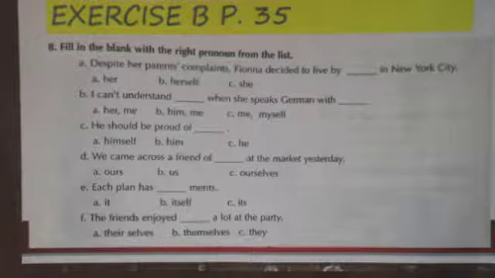So the instruction is there. Fill in the blank in each sentence with the right pronoun from the list. So for each sentence you've got 3 choices. Try to choose the appropriate pronoun to fill in the blank, okay?